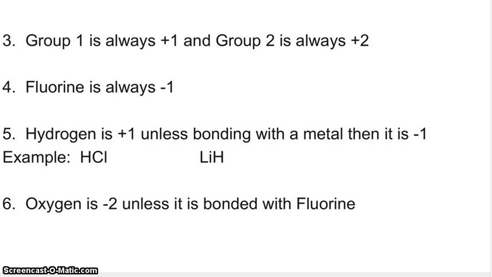Number 3, group 1 is always going to be a +1 and group 2 is always going to be a +2. Whenever you see those in a compound, their oxidation number is consistent and it's always going to be the same. Number 4, fluorine is always a -1. No matter when or wherever fluorine bonds, it automatically gets a -1 charge.